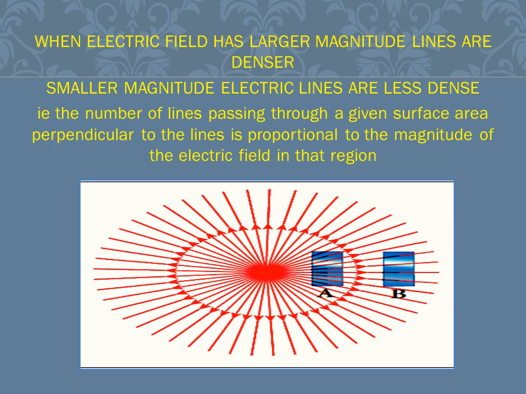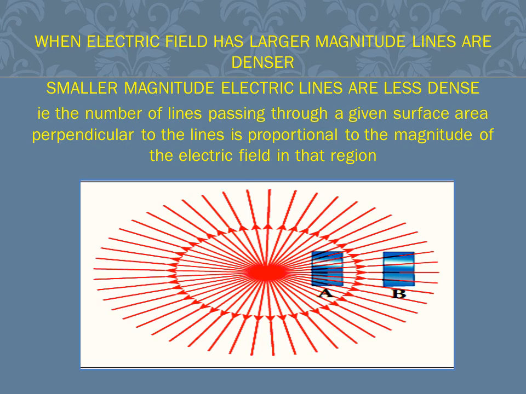Now, when the electric field has larger magnitude, lines are denser. If it has smaller magnitude, electric lines are less dense. That is, the number of lines passing through a given surface area perpendicular to the lines is proportional to the magnitude of the electric field in that region.